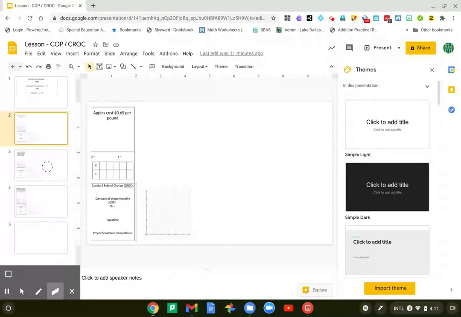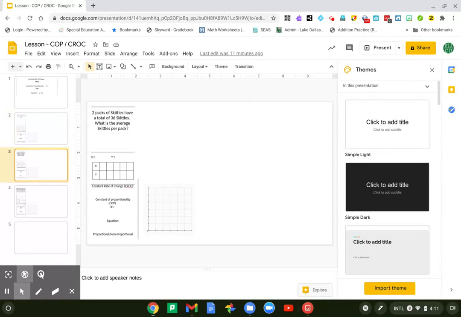All right, let's go to the second one. Second one is 2 packs of Skittles have a total of 36 Skittles. So every 2 packs, I have 36. So if I have 4 packs, I have 36 again, right? I'm increasing by 36.